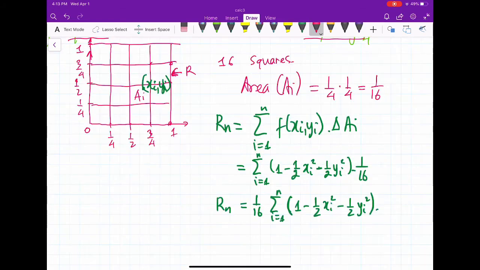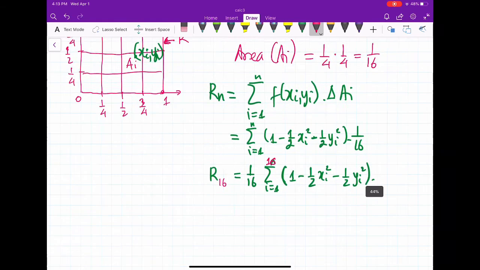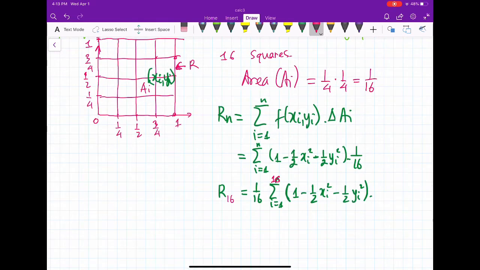In this case, n is 16, so I would write R_16 right here. Okay, this is R_16, and n is 16. Make sense? Now let's work this out for some (x_i, y_i).